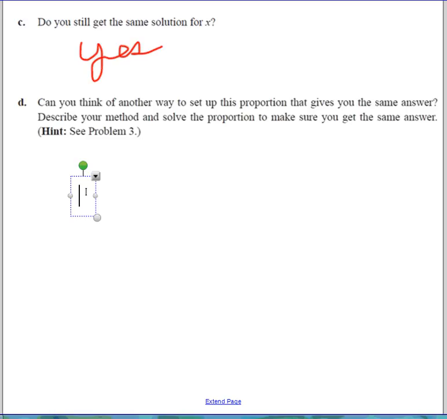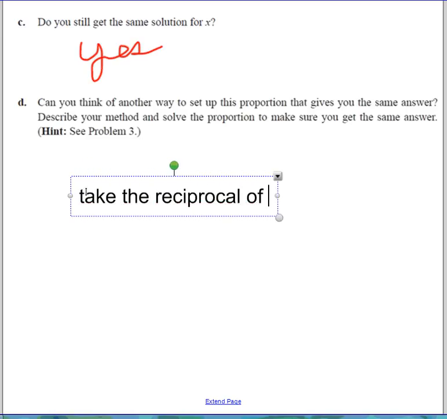The other way that we can do this is take the reciprocal of the one we just did, number 4. So we could put 4 cups over x cups equals 36 cookies over 60 cookies.